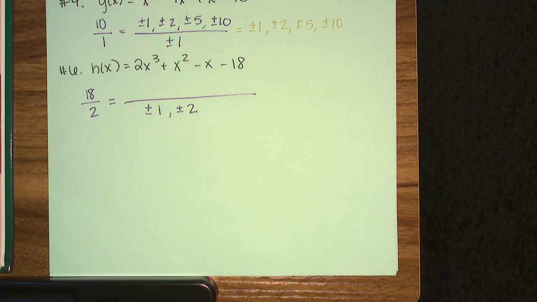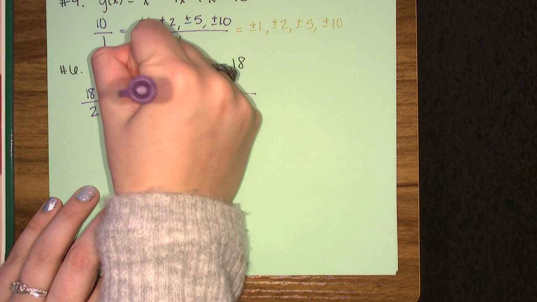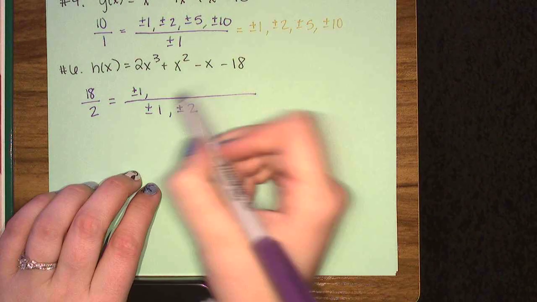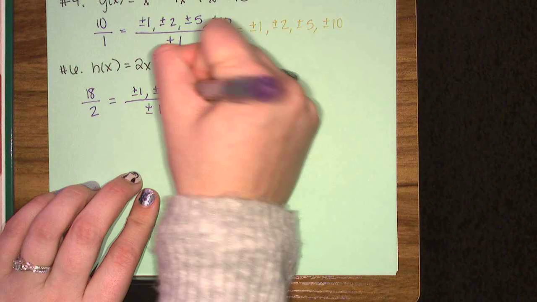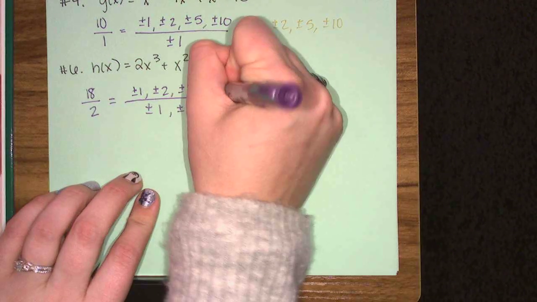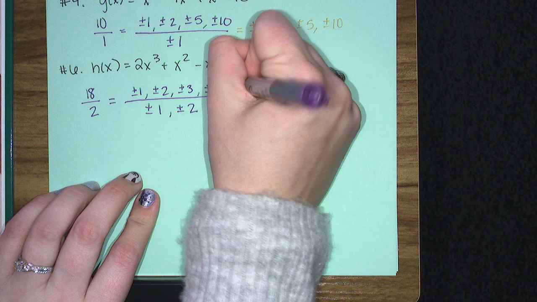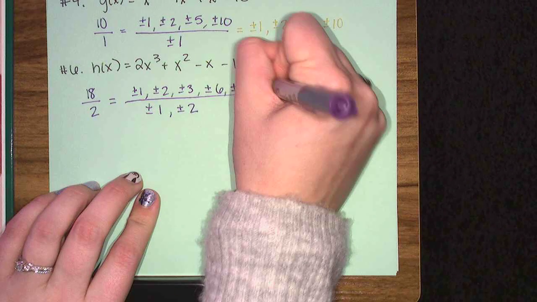For 18, I know that 1 and 18 work, but I'm not going to write the 18 yet because I need to write them in number order. 1 times 18, 2 times 9, 3 times 6, things like that. So I'm going to write plus or minus 1, then plus or minus 2, plus or minus 3, plus or minus 6, plus or minus 9, and plus or minus 18.